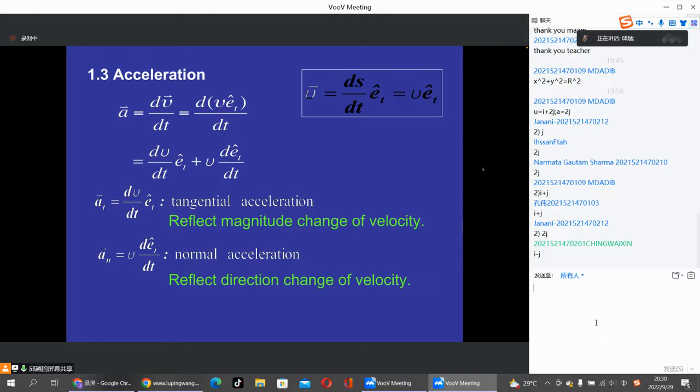Here, I want to know whether anyone knows why the acceleration has two terms, but the velocity has only one term. If you want to, please text your answer on the chat box.